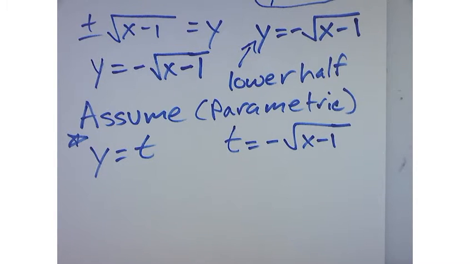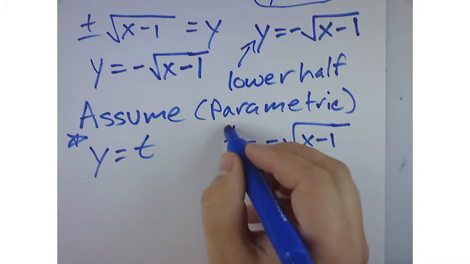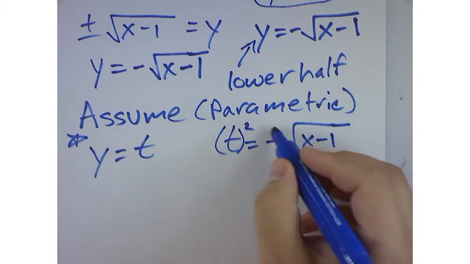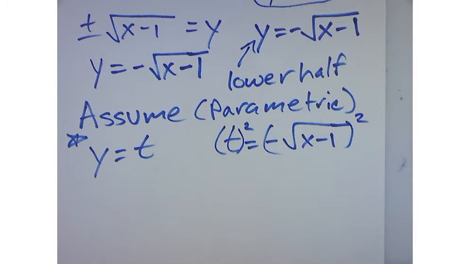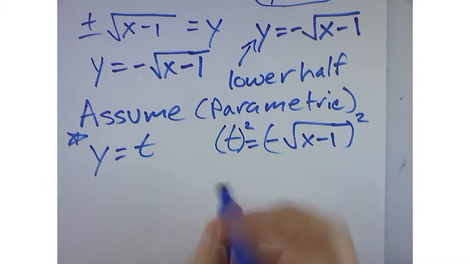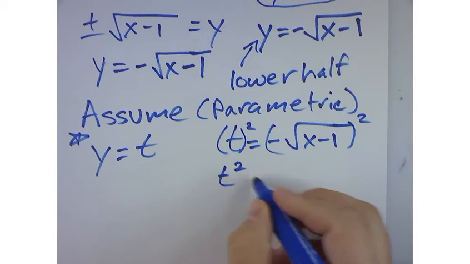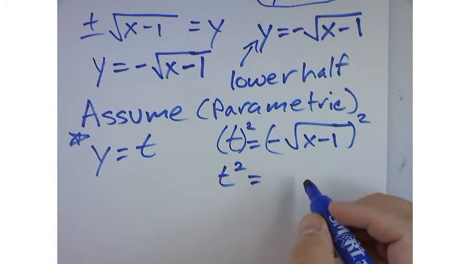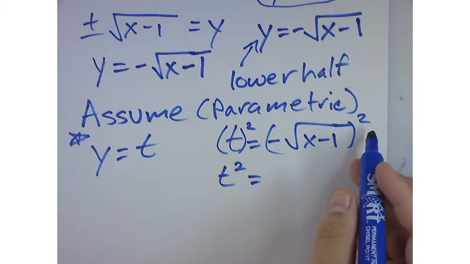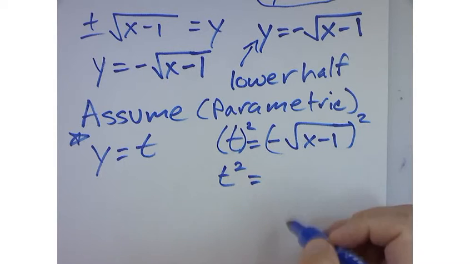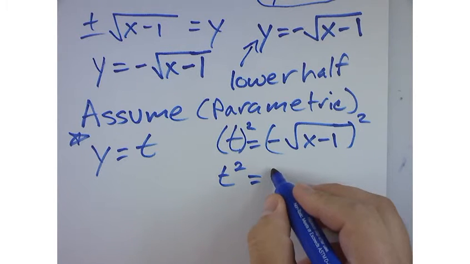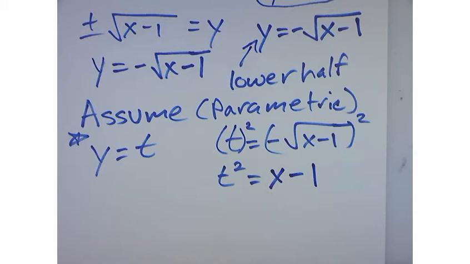So if I square this whole thing, over here I get t squared is equal to, now when you square a square root you're left with the base and the negative sign goes away, so we're left with x minus 1, right?